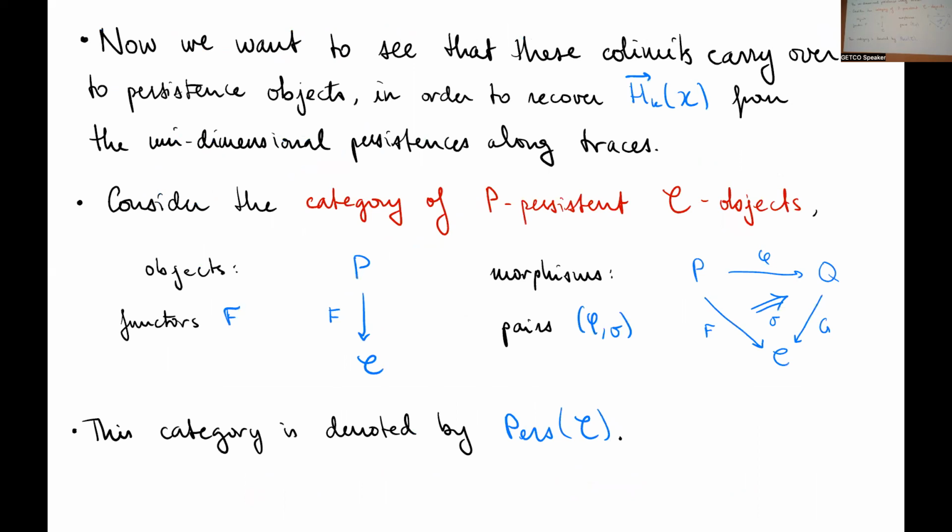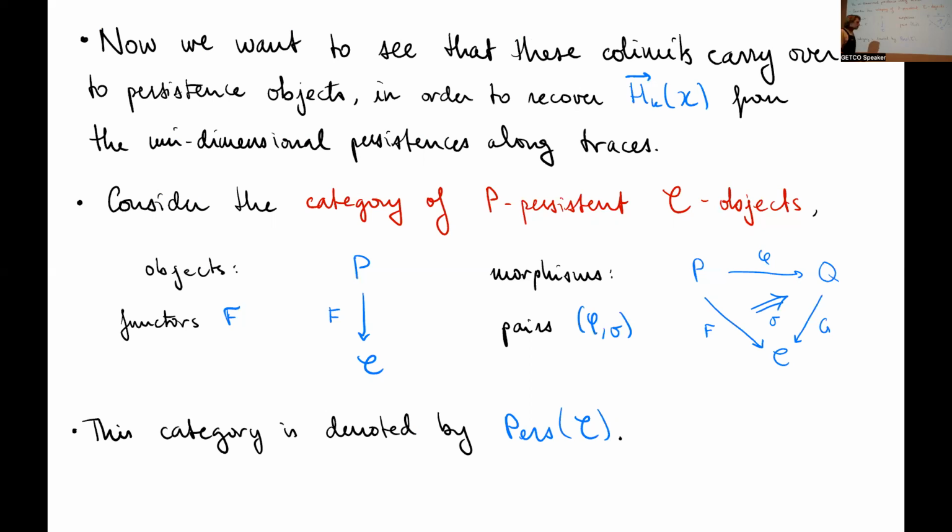Okay, now that we have established some results about doing colimits of subdiagrams of some poset, we want to see that this carries over to functors on posets into some category, right? So for this, we introduce another category.